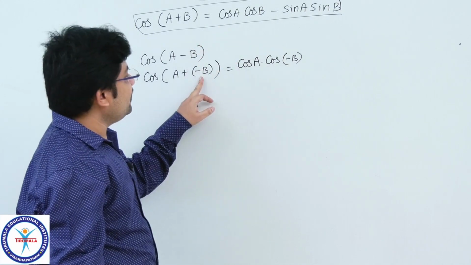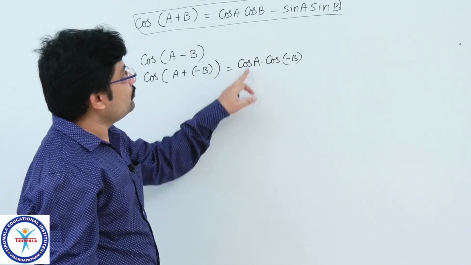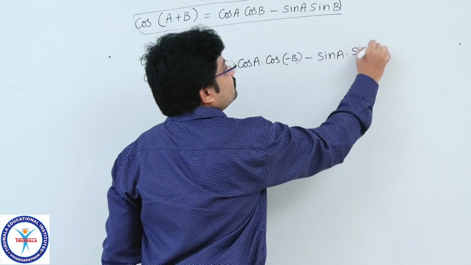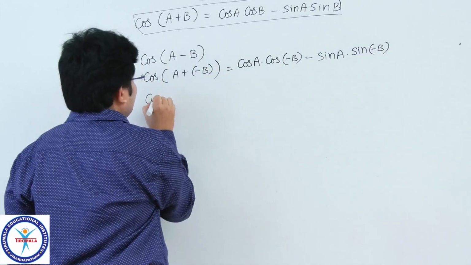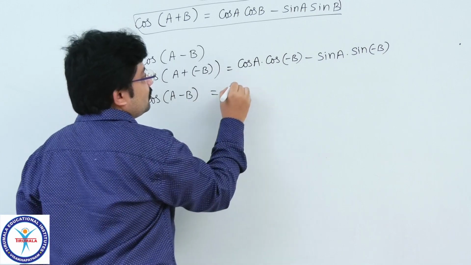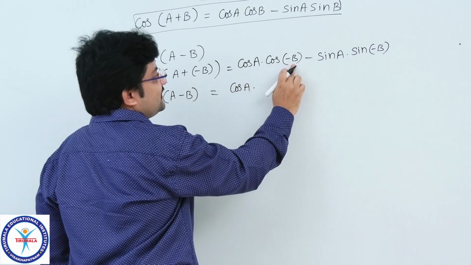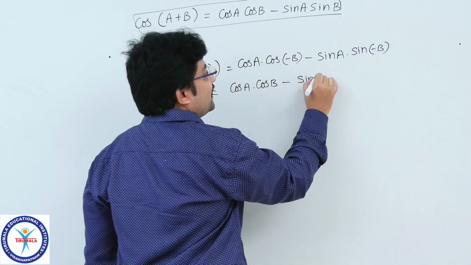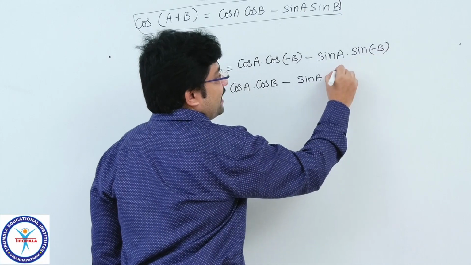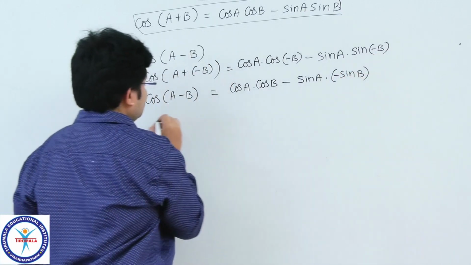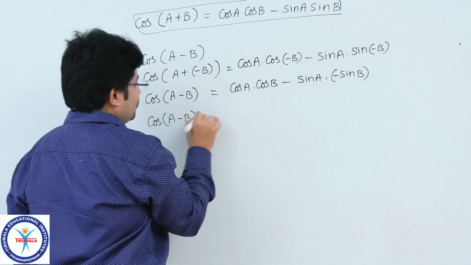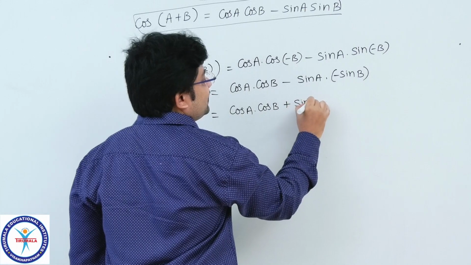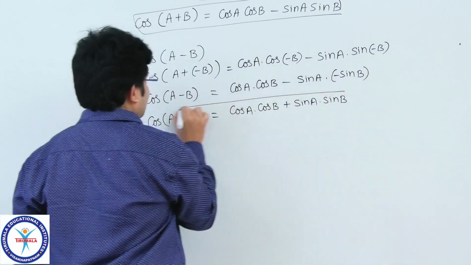In place of B you have to substitute minus B. So cos A into cos of minus B, minus sin A into sin of minus B. Therefore cos(A-B) is equal to cos A into cos of minus theta, that is cos theta, which is cos B, minus sin A into sin of minus theta, which is minus sin theta, that is minus sin B. Therefore cos(A-B) is equal to cos A into cos B, minus into minus is plus, sin A into sin B. So this is the formula for cos(A-B).